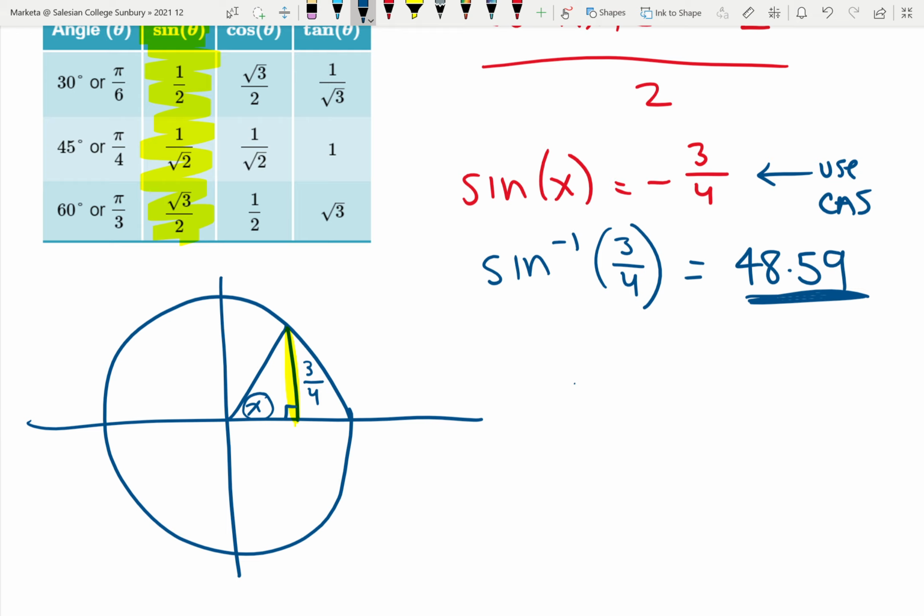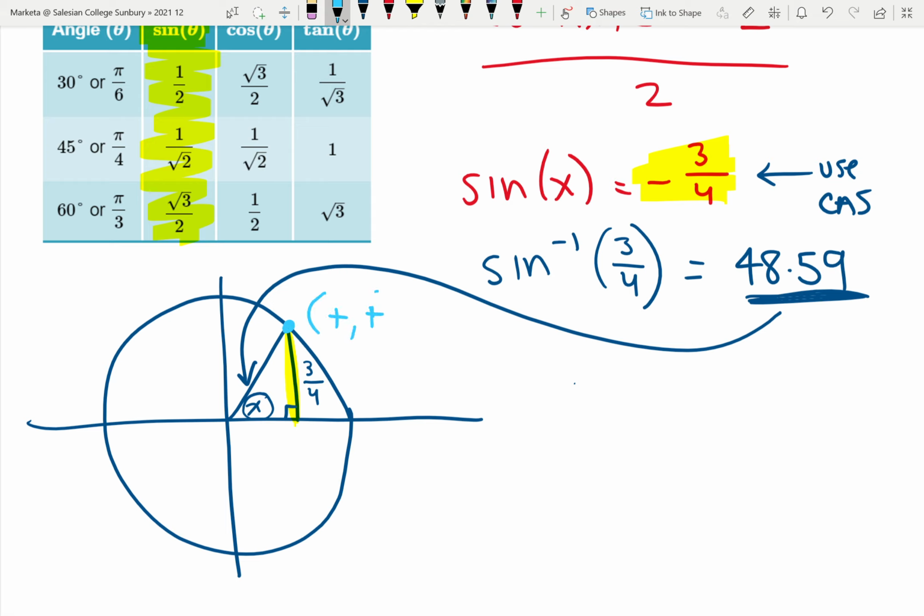I might put an arrow across. I don't think it's going to fit in there. So now I need to decide where it's going to be to make that negative. We've got a negative 3/4 for our length of sine. We know that sine is positive here because the y value is positive. In this quadrant, the x is negative, the y is still positive, so we don't want that.